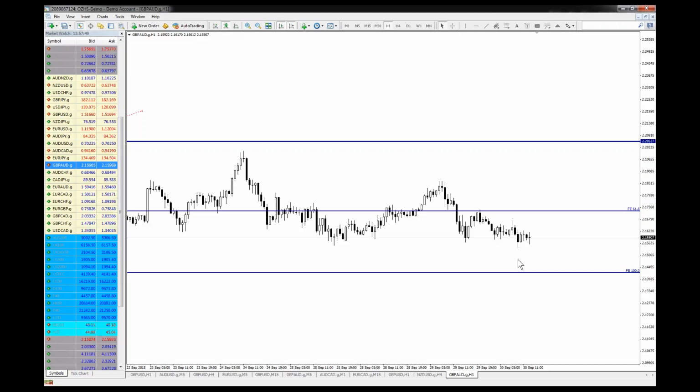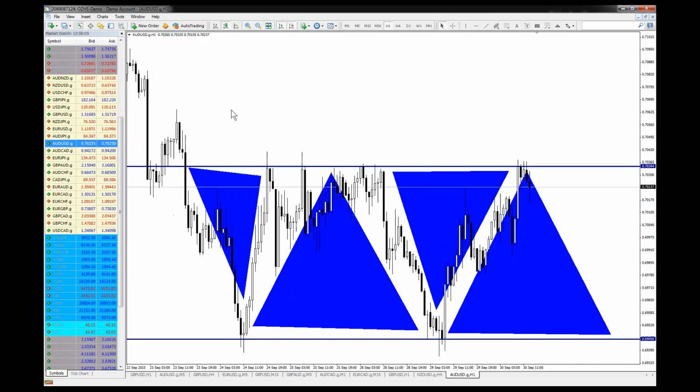All right, and let me go back to Aussie dollar because I didn't write the Aussie dollar. Why am I not seeing Aussie dollar? Oh, there it is. Aussie dollar, we have this range in.